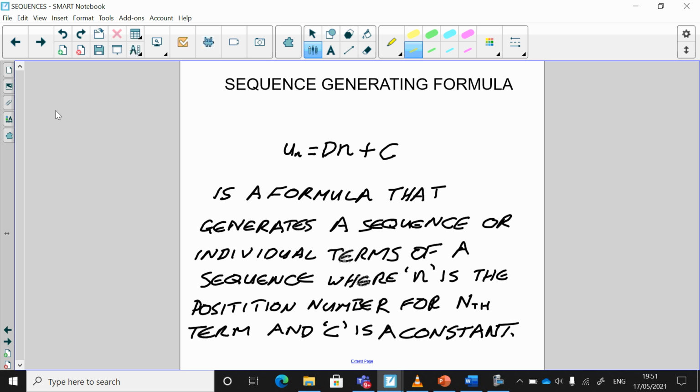N is just the number you're putting in. For this situation, always start with 1. And c is just going to be a constant. D, we're going to sort that out soon.